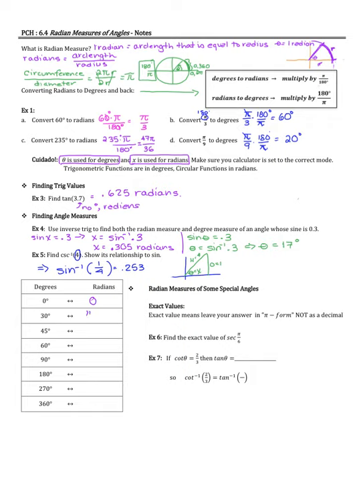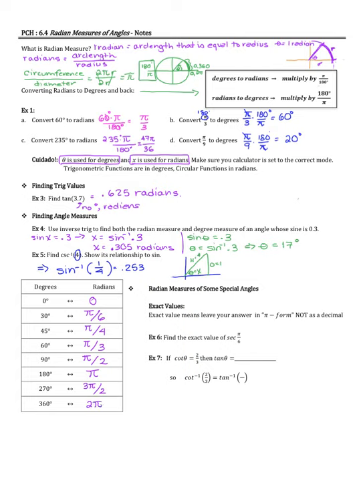So 180, which is pi, because they're equivalent, divided by 6 is 30 degrees. 45 is going to be 180 divided by 4. 60 is going to be 180 divided by 3. 90 is 180 divided by 2. 180 is equivalent to pi. 270 goes a bit beyond pi, so that's going to be 3 pi over 2, because you go another 90 degrees. And 360 is equivalent to 2 pi.